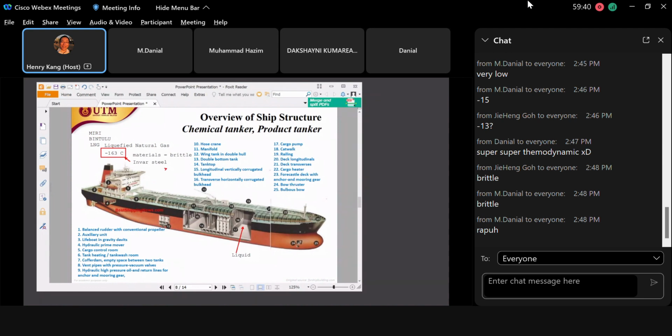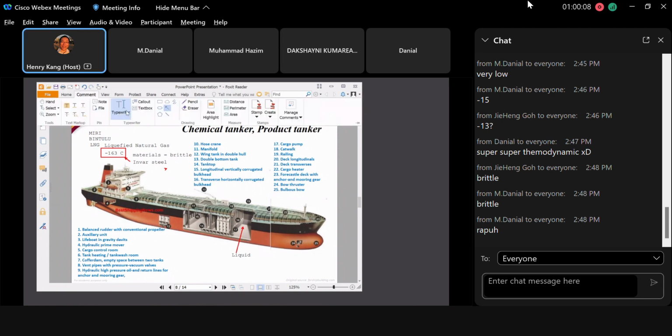That's why the fabrication of the LNG carrier is super high tech, because they need to do the welding of the EVA steel and make sure the tank is fully covered by it, on the inner wall of each tank.